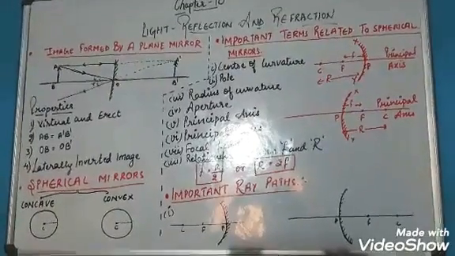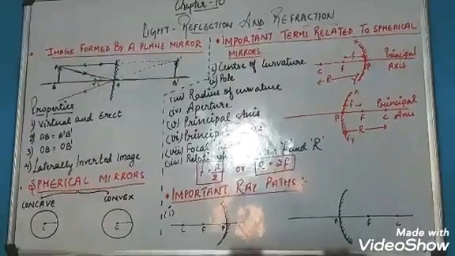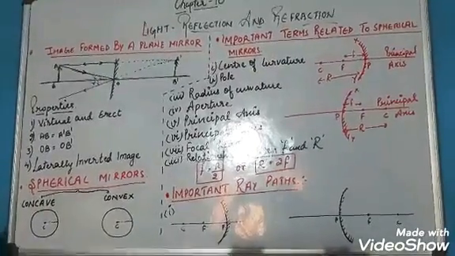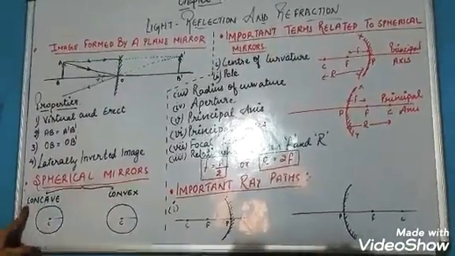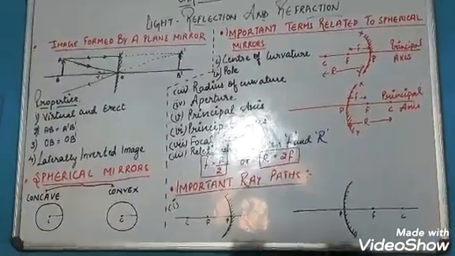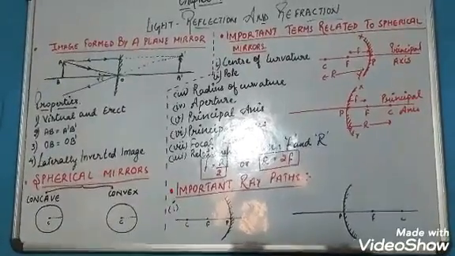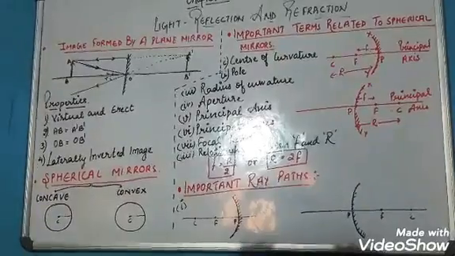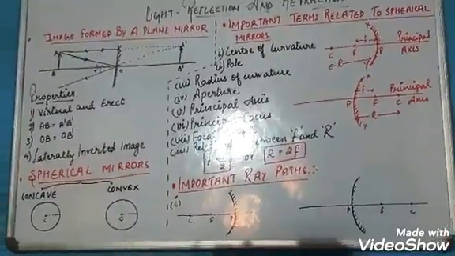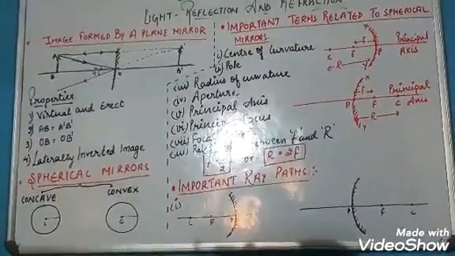Clear? Then we come to spherical mirrors. There are different kinds of spherical mirrors, that is the concave mirror and the convex mirror. What is a concave mirror and how do we obtain these spherical mirrors? We obtain these spherical mirrors with the help of a hollow sphere.